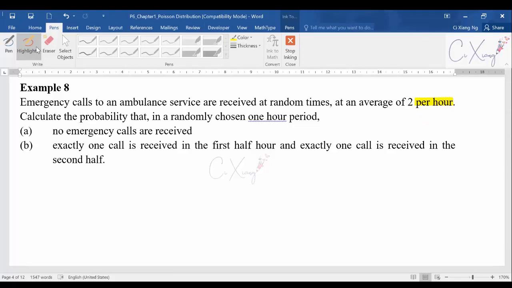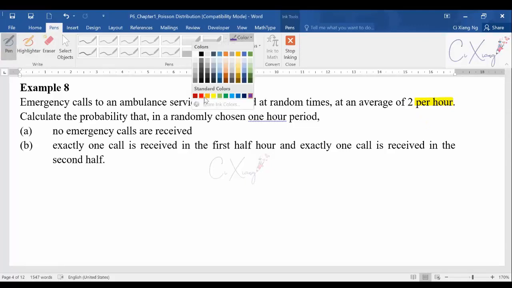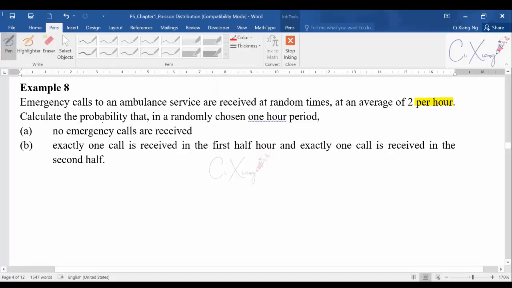All right, so now let's start with the question. First, calculate the probability that in a randomly chosen 1 hour period. So they give you the mean for 1 hour, and they want you to calculate the probability for 1 hour. Therefore, the mean here should be the same. For part A, no emergency calls are received. So you can write X is the number of emergency calls.